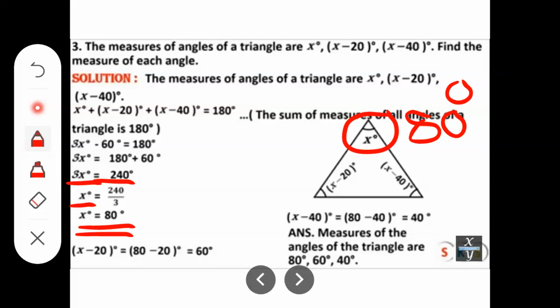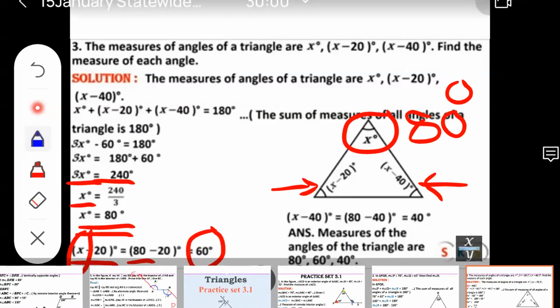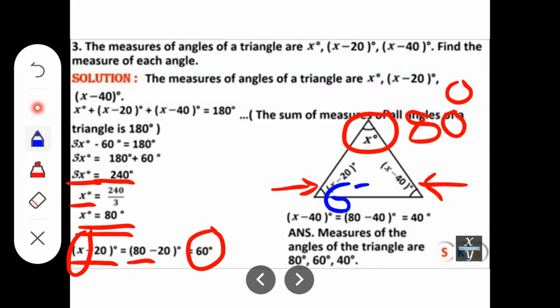Now to find the value of the rest of the two angles, put the value in the equation. So the first expression is x minus 20. Put the value of x as 80 minus 20, that is 60 degree. So this angle is 60 degree.